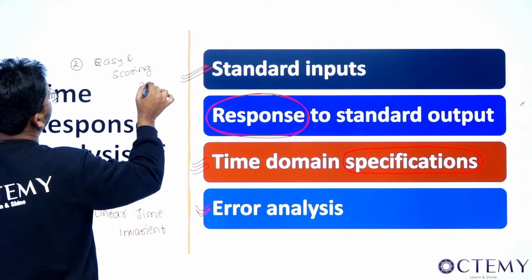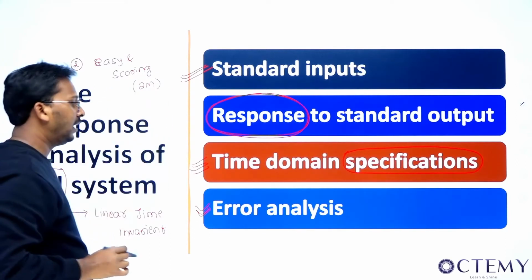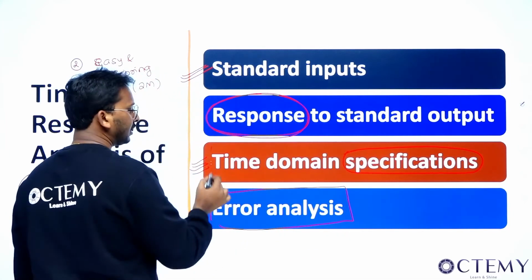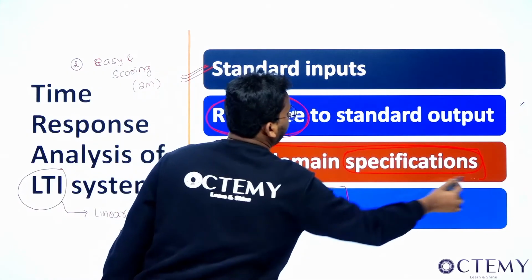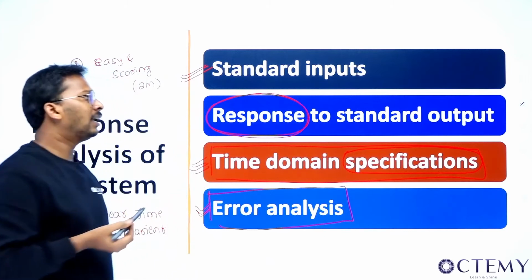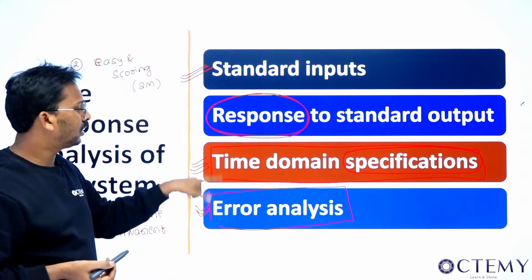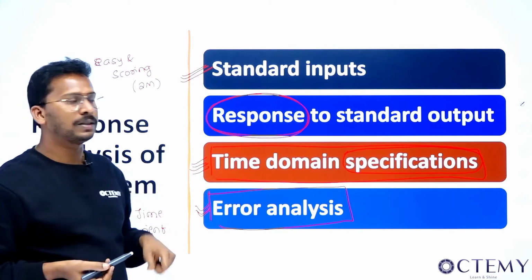Definitely 2 marks will come from this. It can be from error or it can be from specifications. The responses, you better learn the responses. They are used in the first chapter and also in the coming chapters, but the question probability is from these last two topics, right?